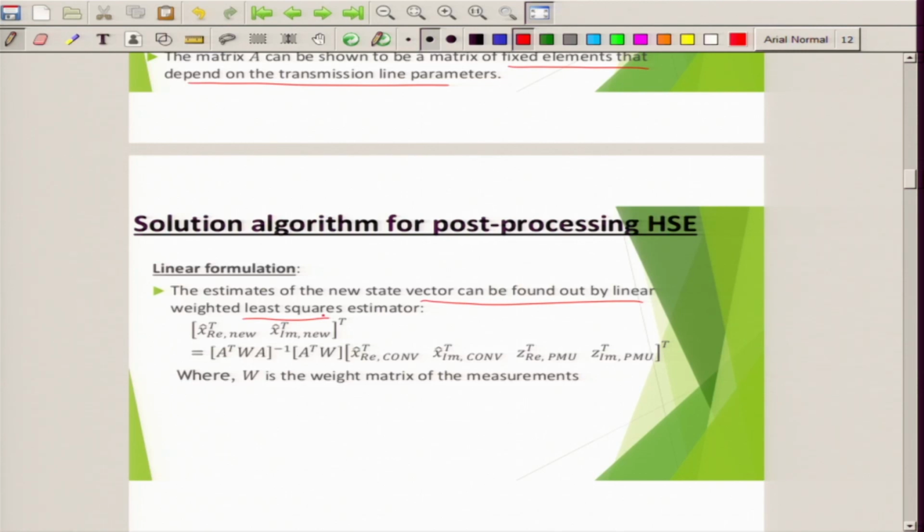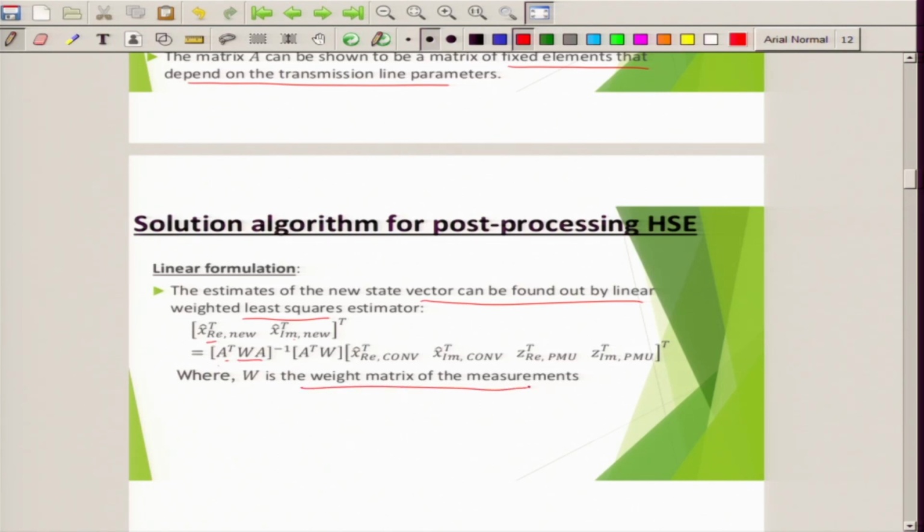So, the real part of the new state estimated value and the imaginary part of the new state estimated value is equal to (A^T W A) whole inverse. A is the matrix which consists of the elements pertaining to the transmission line parameters that we have discussed just now, and W is the weight matrix of the measurements.